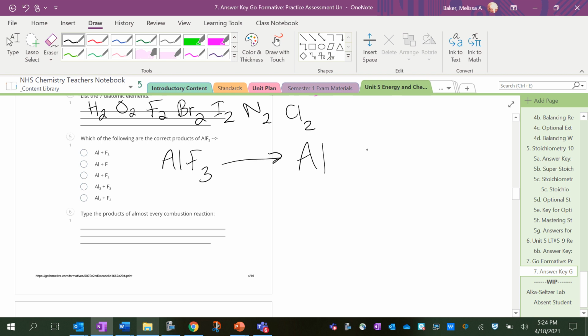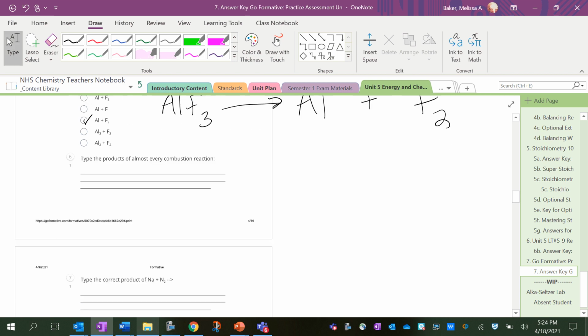So break everything up and don't pay attention to any subscripts. Just write the elements. And then if anything is in Hofbrinkel, it gets a 2. That's it. So that would be this third one down. Type the products of almost every combustion reaction. CO2 plus H2O.